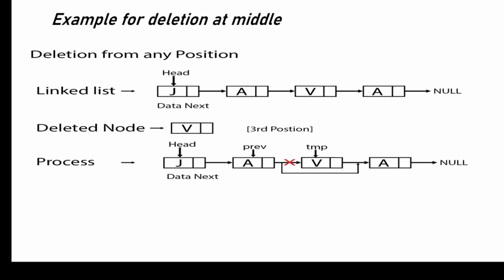The example for the deletion of a node from the middle of the list. We want to delete a node from the middle, that is, delete the node with data part V, so disconnect the node A from node V by storing the next part of node V to the previous node, that is A. As a result, the node with data A points to the last node in the list, and delete the middle node by deleting the temporary variable.